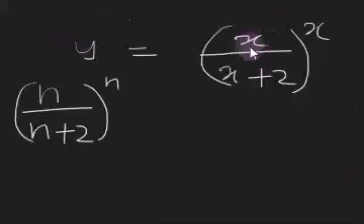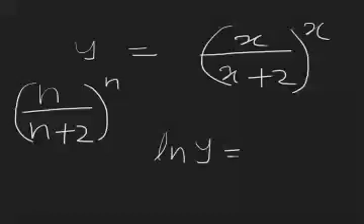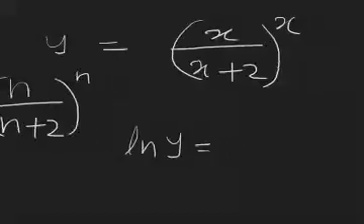These are continuous variables, right? So let's take the ln of both sides. The right hand side becomes x ln of x over x plus 2.